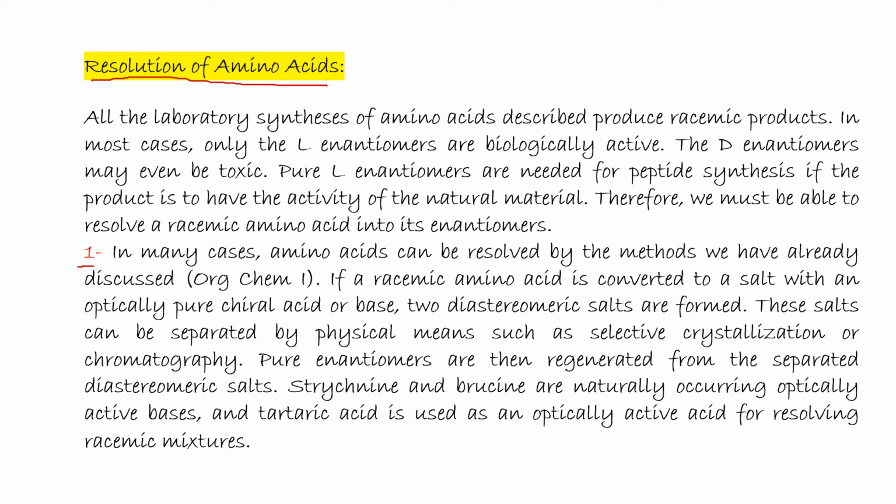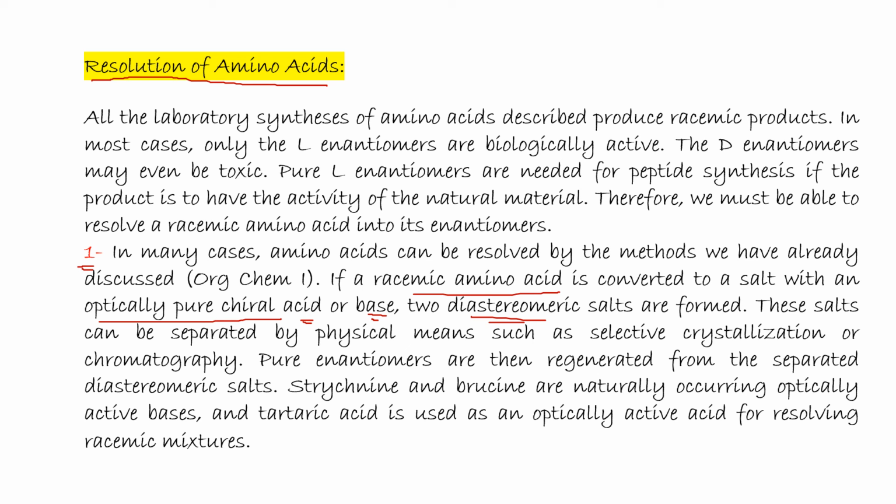So we have method A. By reacting the racemic amino acids with an optically pure chiral acid or base to form two diastereoisomeric salts that are different in physical properties, we can separate them by either chromatography or crystallization.